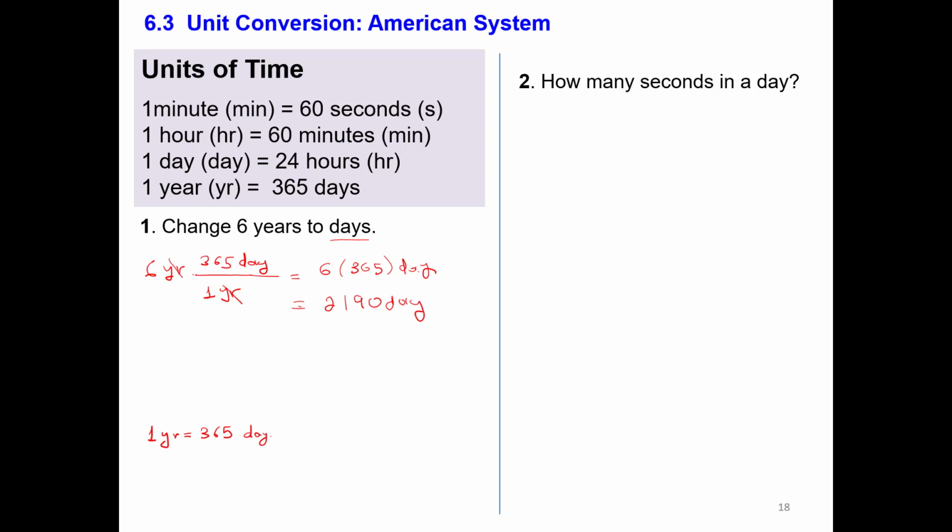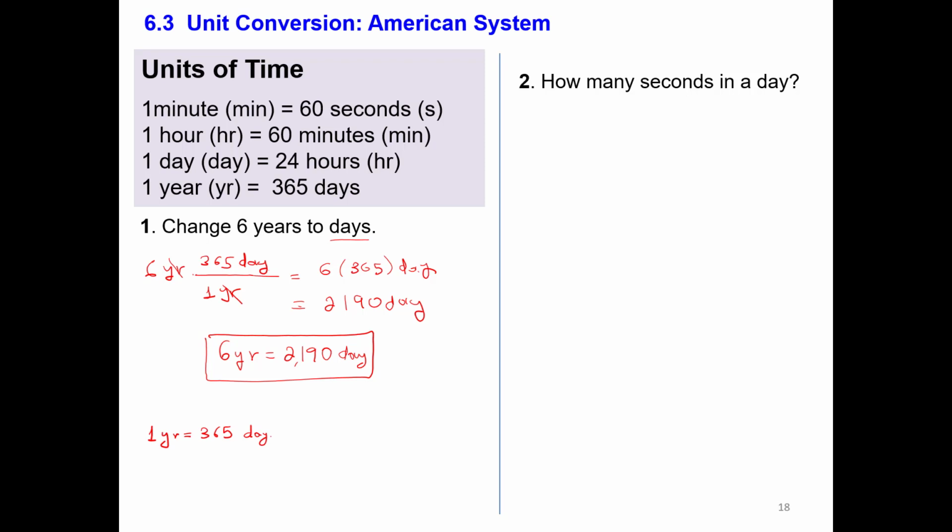And finally, we can write here the answer: 6 years is 2,190 days. This is the answer.